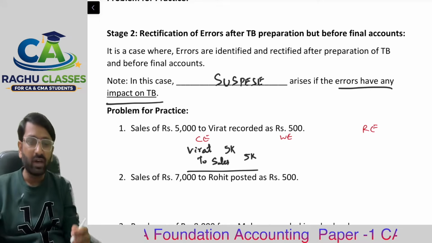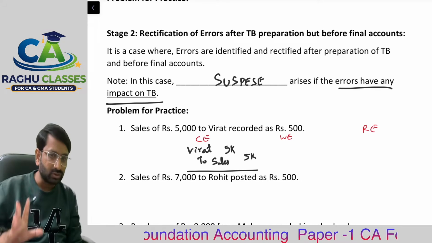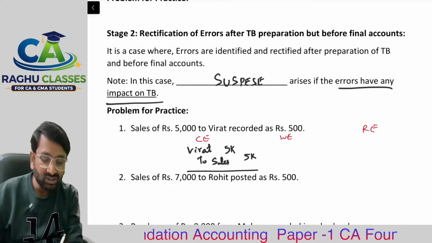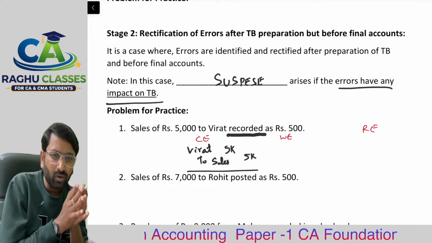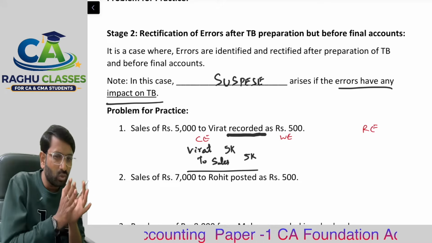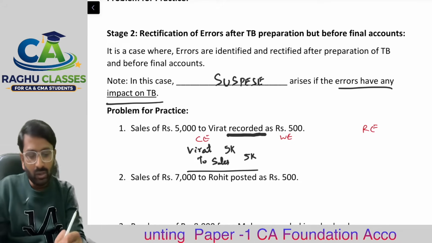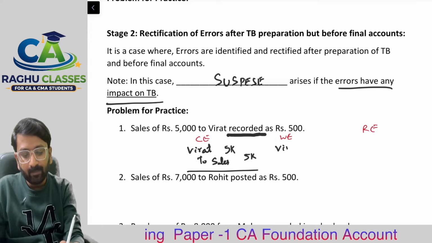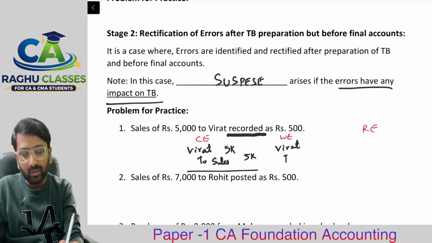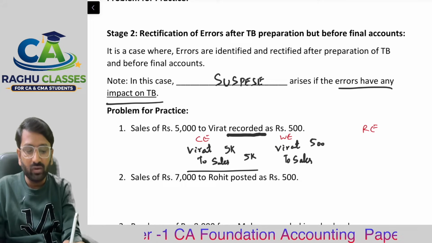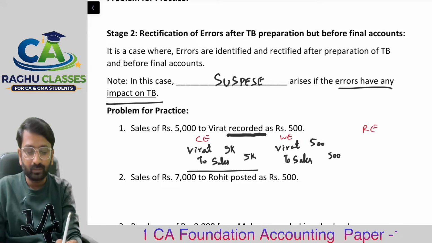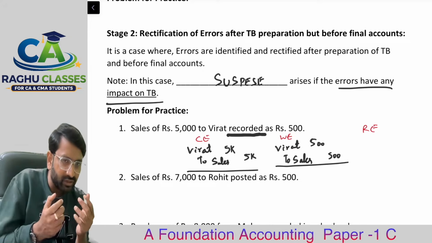But what we have done, instead of 5,000, we recorded this as 500. So the mistake is happening at the time of recording. So can we say there is no impact on trial balance? So the entry would have been Virat account debit to sales. Instead of 5,000, we recorded this as 500. So TB has not got affected here.